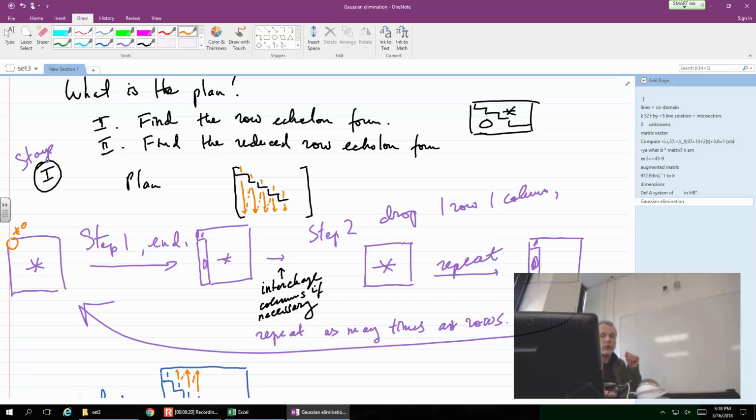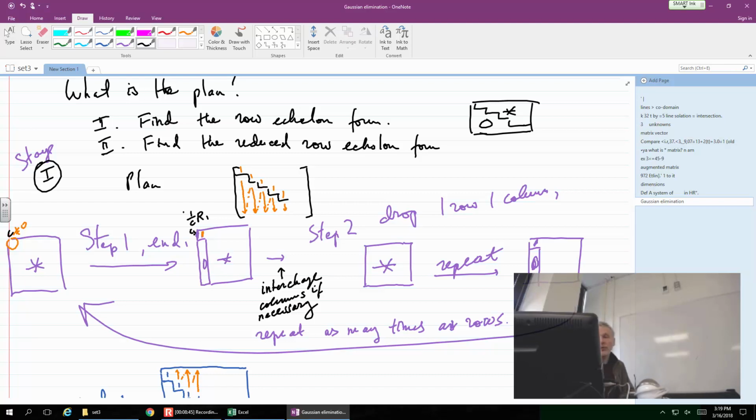So sooner or later you will get a non-zero entry in that location. Once you do, you divide the whole row by that value. If c is not equal to 0, then you put 1 over c times r1 as the first row, and then you have a leading one. That's the minor step.